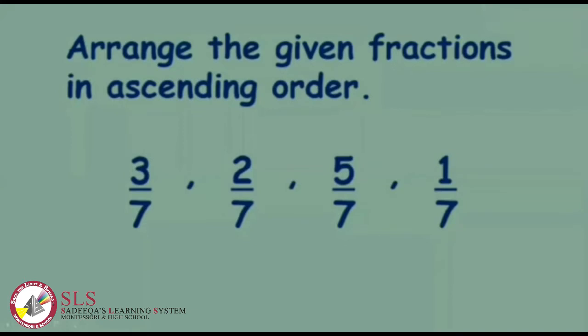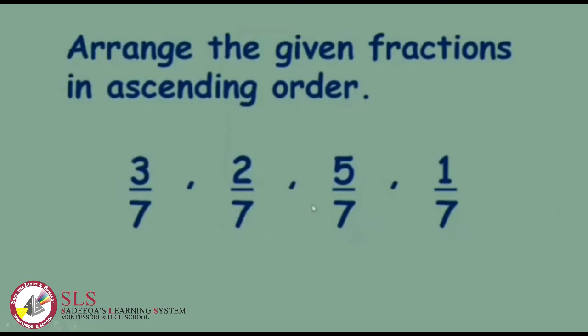Now let's arrange the given fractions in ascending order. The fractions are 3 by 7, 2 by 7, 5 by 7 and 1 by 7. So first we check the denominators of the given fractions, and here the denominators of all the fractions is 7.